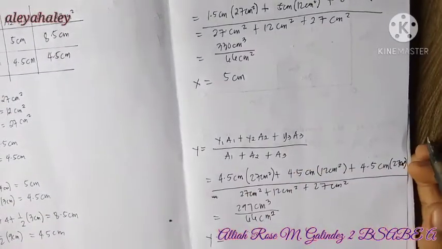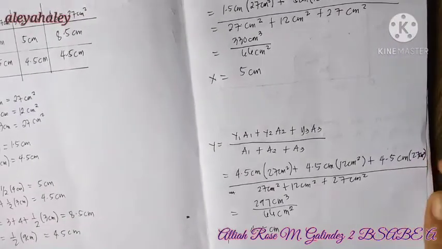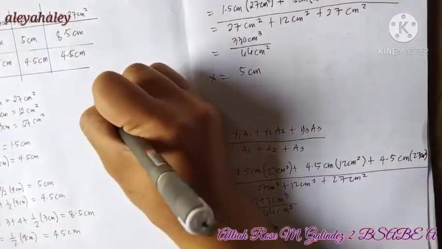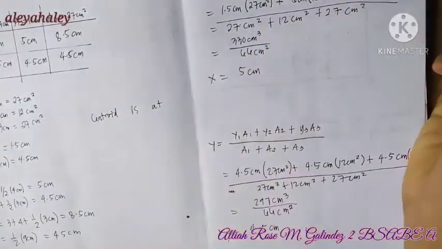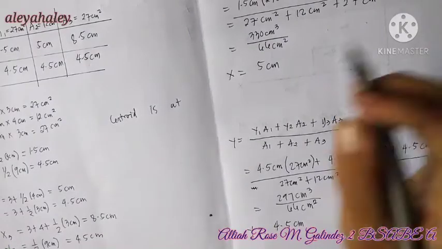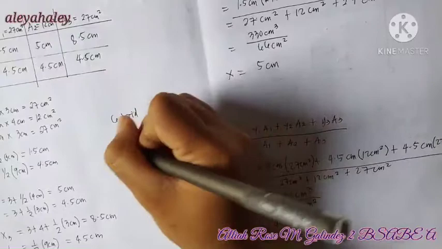And since we have now the x and y axis, so our centroid is at 5, 4.5.